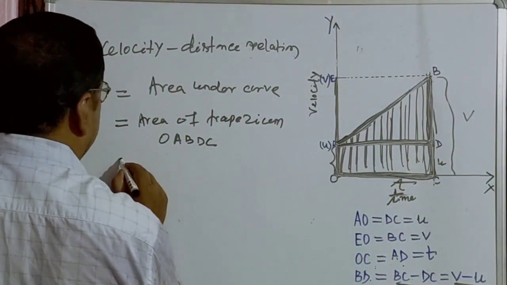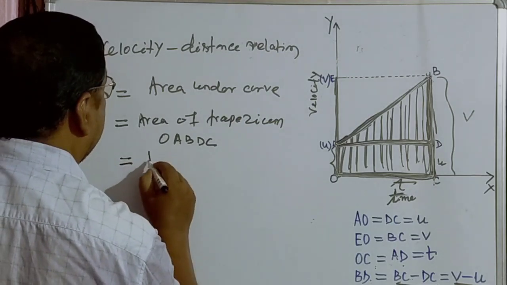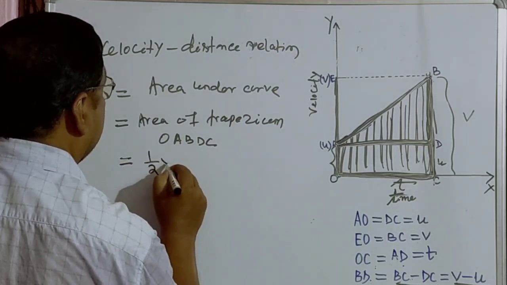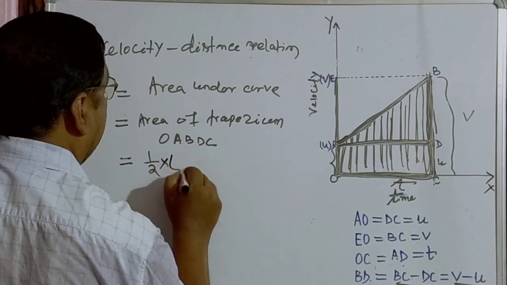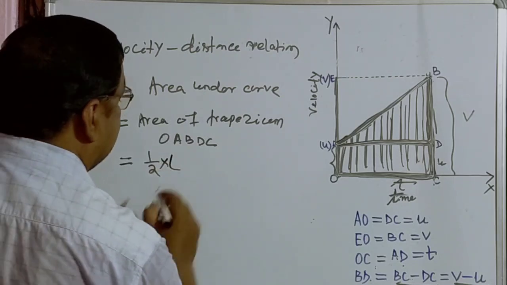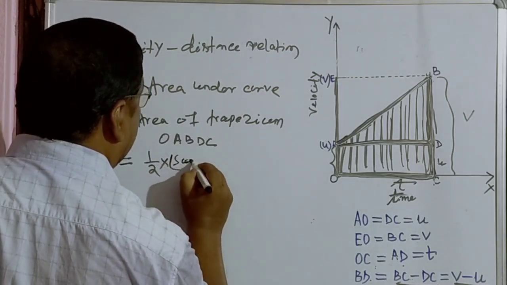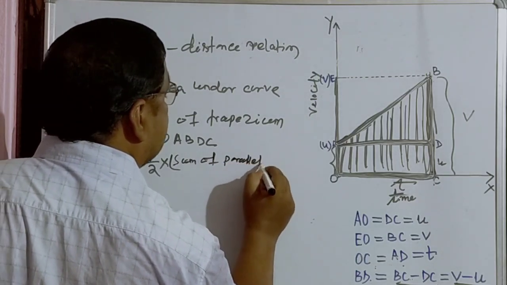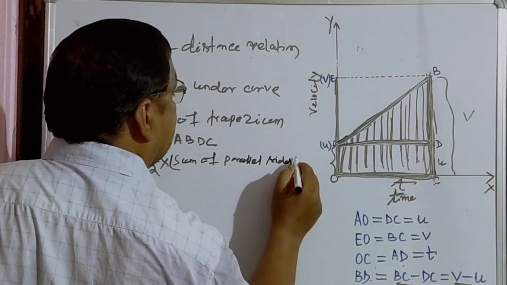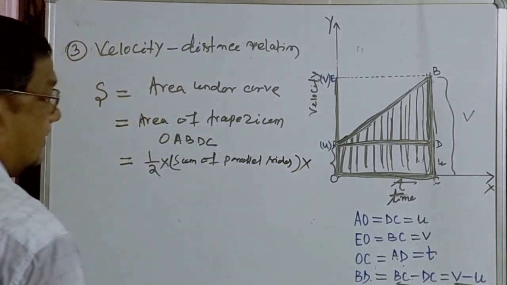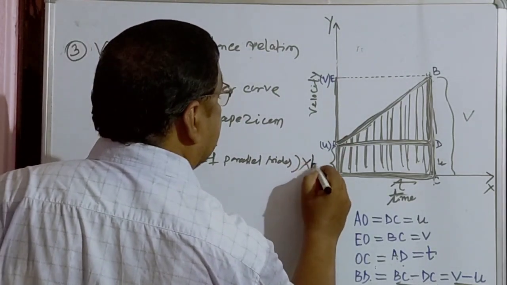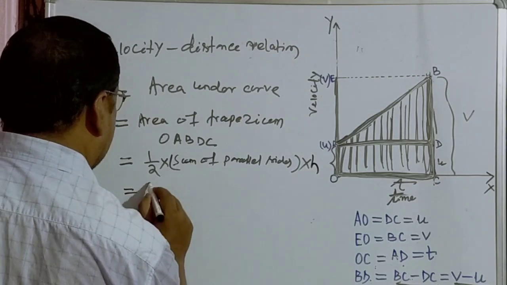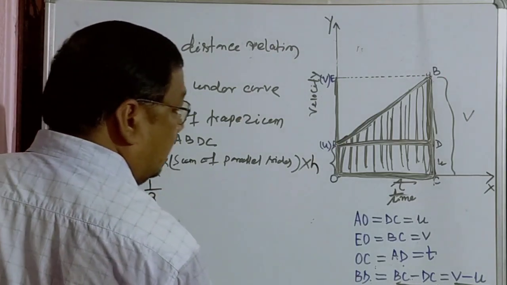What is the area of trapezium? Half into sum of parallel sides into height. That is equal to half into what is the sum of parallel sides here?